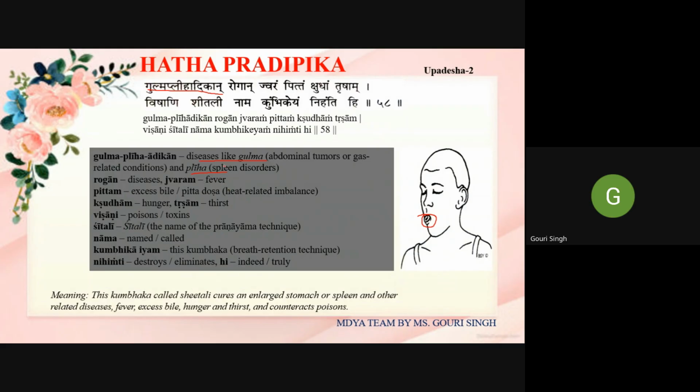What are the diseases? Jwara means fever. Pitta means excessive bile, for those who are having excessive pitta. And Trishna, thirst.